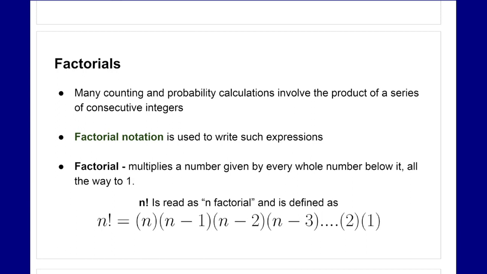So n exclamation mark is read as n factorial and is defined as n times n minus 1, times n minus 2, times n minus 3, and so on until we get down to times 2 times 1. That's n factorial.